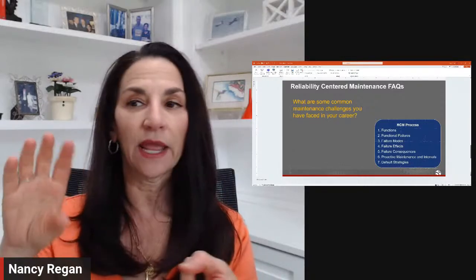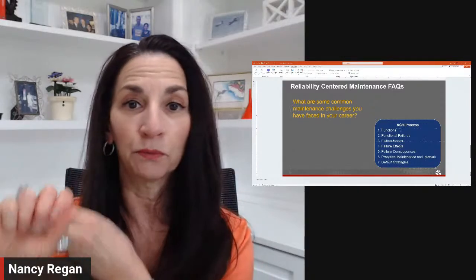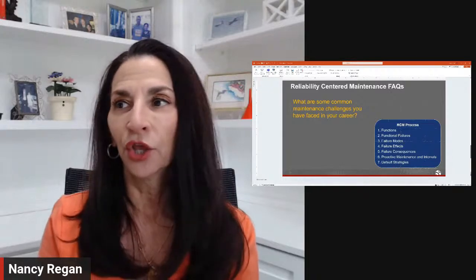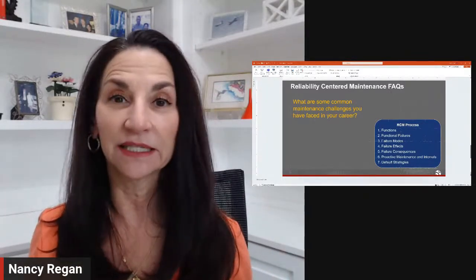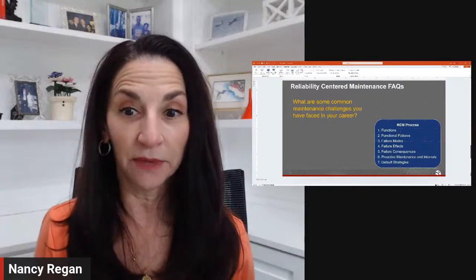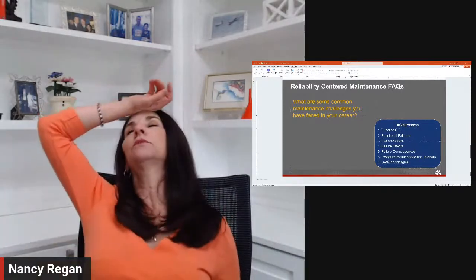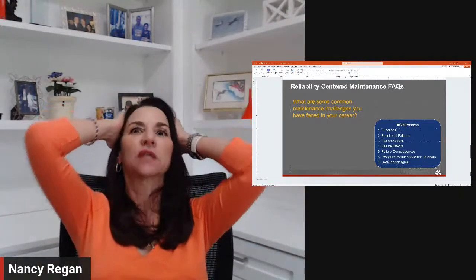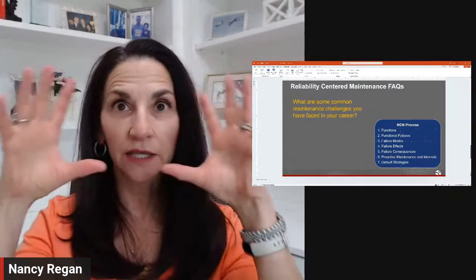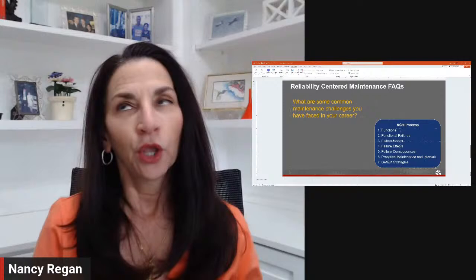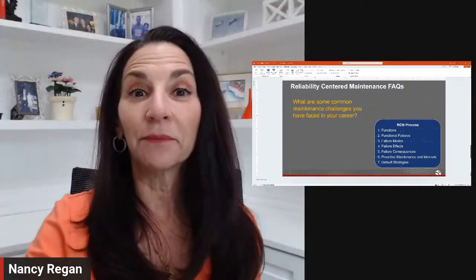They're concerned about having the right number of people to operate machines. So if we start talking to a manager about functions and failure modes and P2F intervals and all the technical stuff associated with RCM, their eyes are going to start to glaze over. So we need to talk to them in their language.